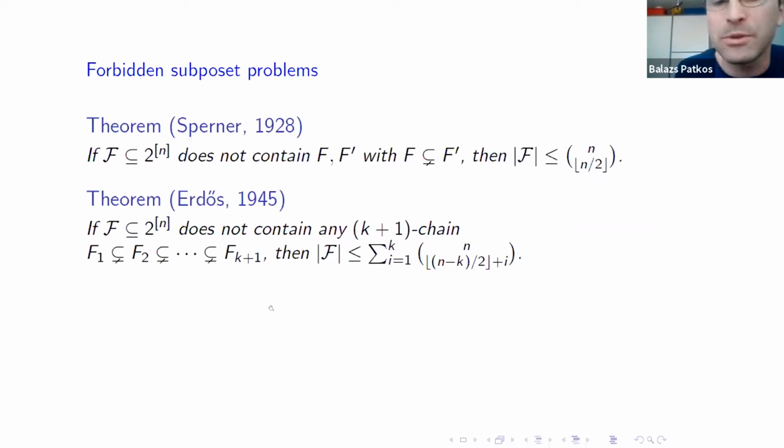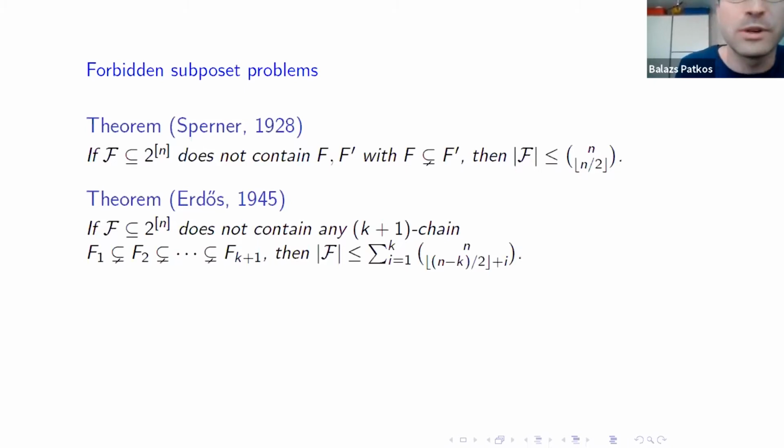And then again, the extremal construction is similar. If we have only k possible subset sizes, then of course there won't be a sequence of nested sets of length k+1, so that's fine. And the largest among these is when we take the subset sizes around n/2, and the expression is this one. And Erdős proved that this is best possible.